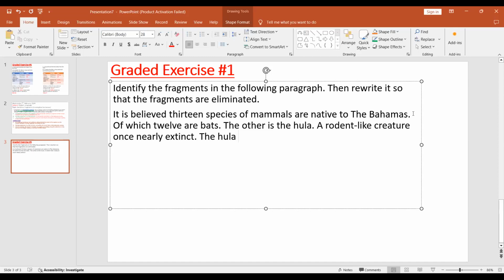The hula was rediscovered on East Plana Key, where it is now thriving.